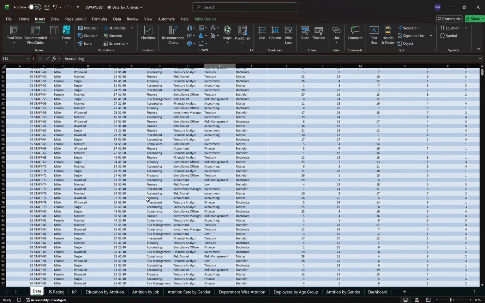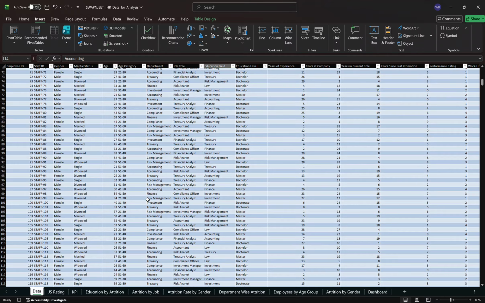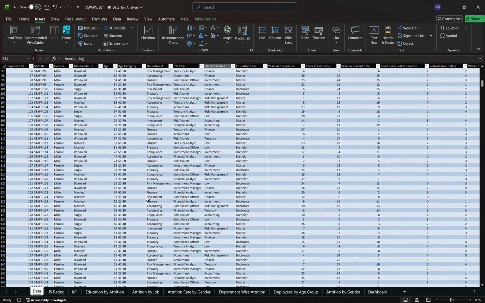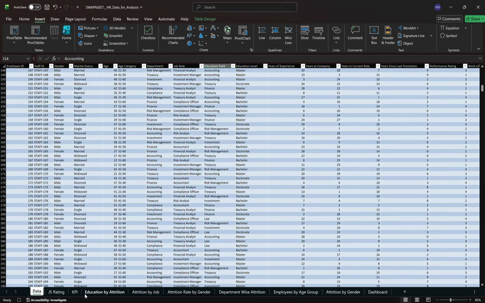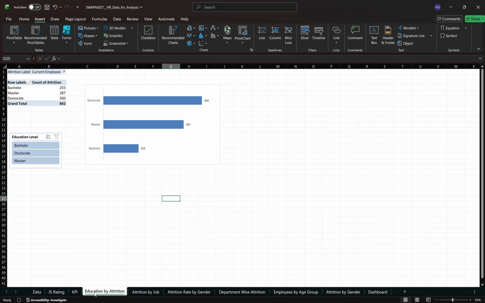This is basically the data which Swapnjeet Financial Services has with them. We have incorporated this data smartly into different attributes.